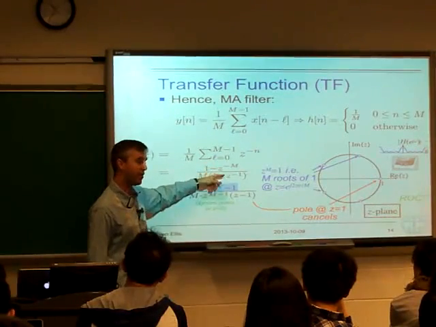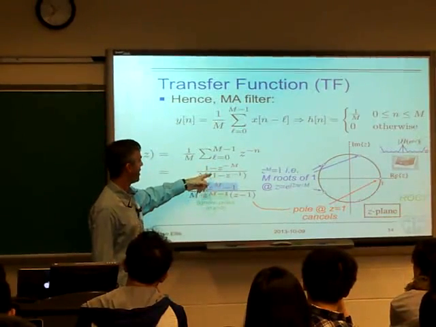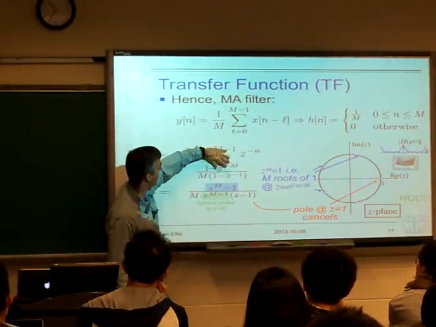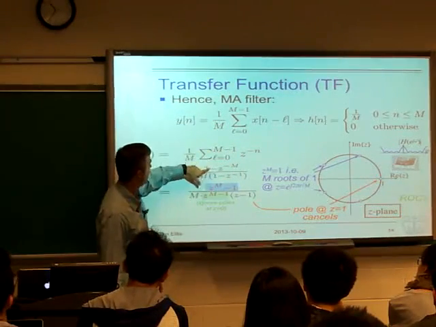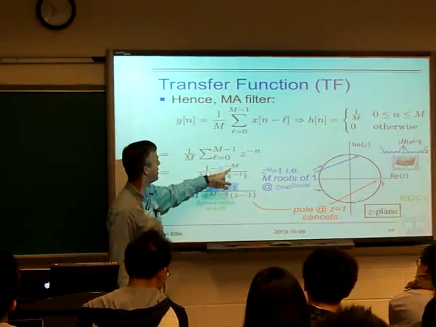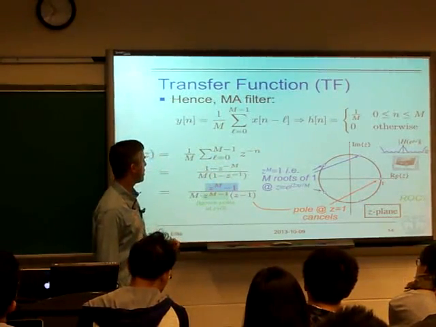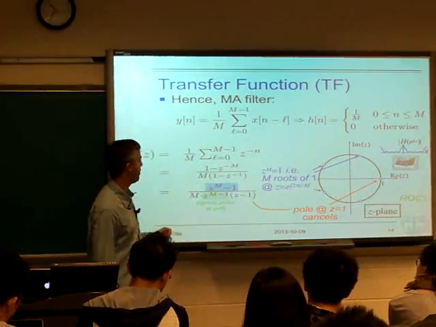Here's our finite geometric sum identity. If it was a convergent infinite sum, it would be 1 over 1 minus z to the minus 1. Because it's finite, it's 1 minus z to the minus m over 1 minus z to the minus 1. And then here's the 1 over m term.